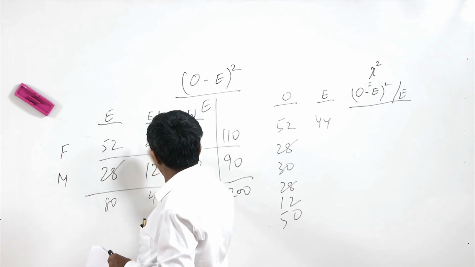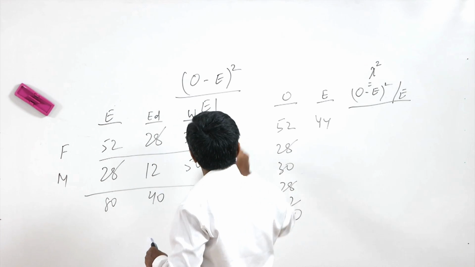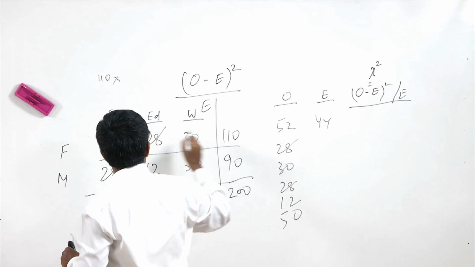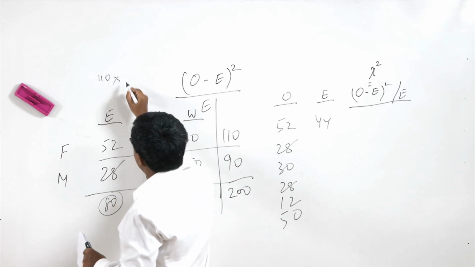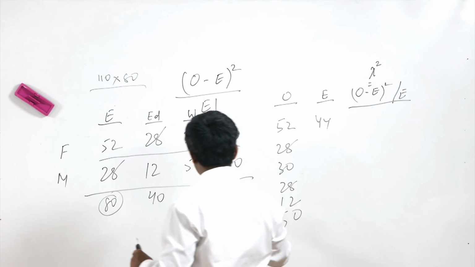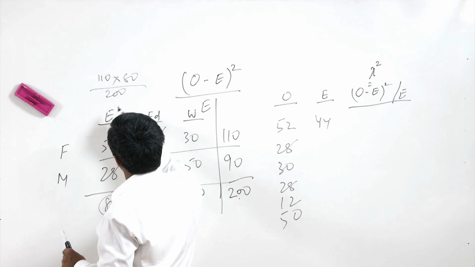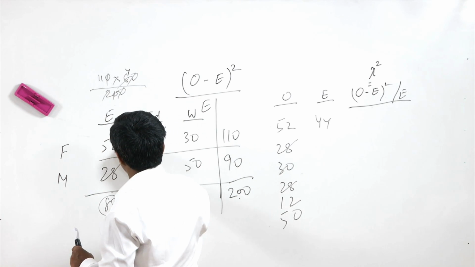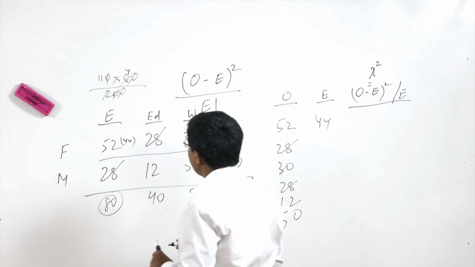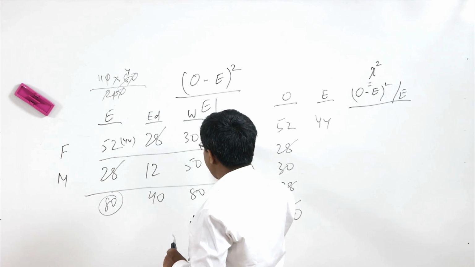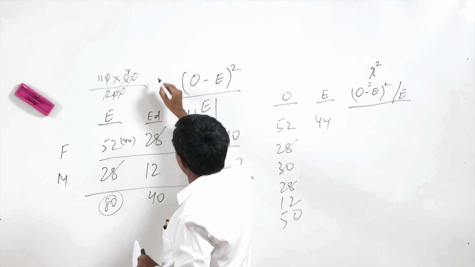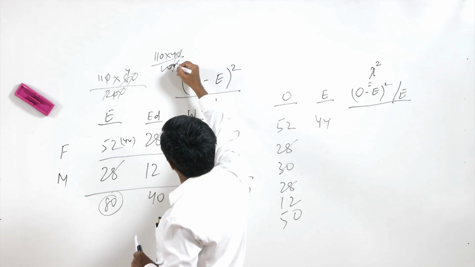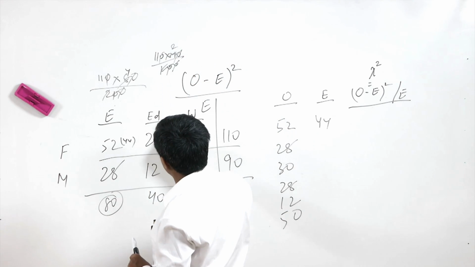For this one, 110 into 80 upon the grand total, which was 200. So, this comes to 44. Similarly, for this one, 110 into 40 upon 200. So, 200, so 2, 2, 2, so 22.